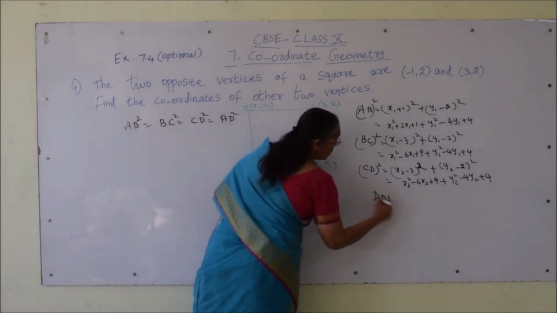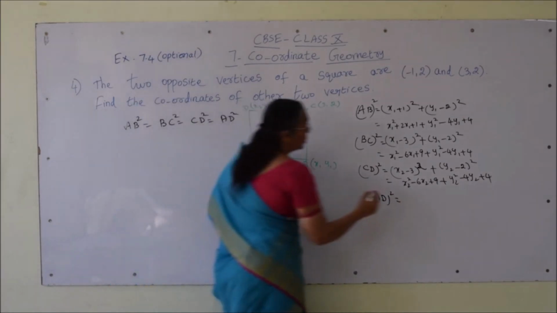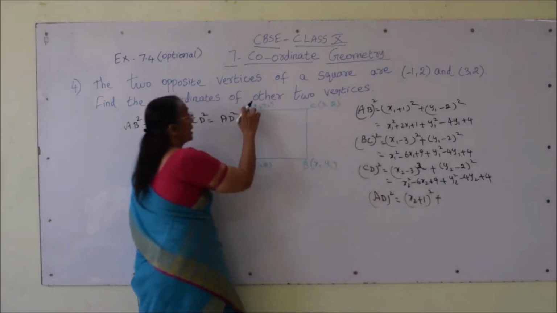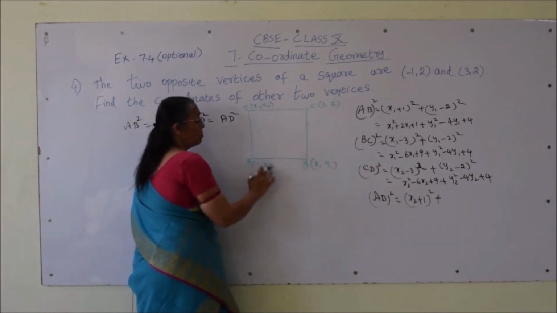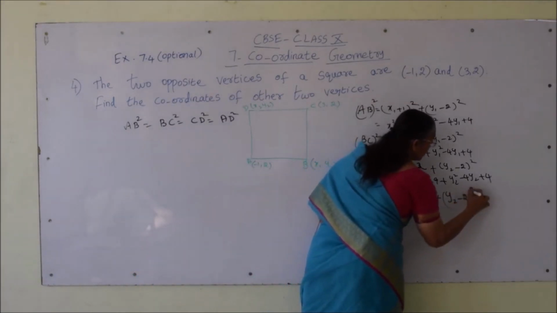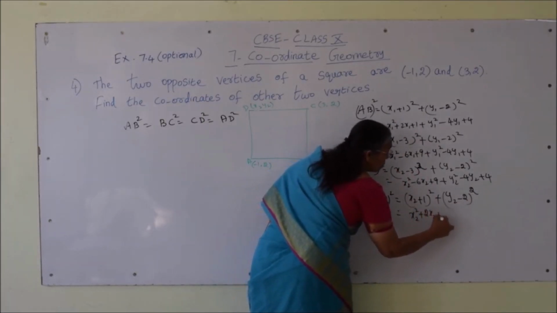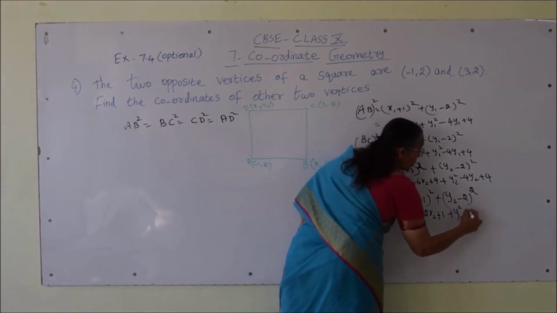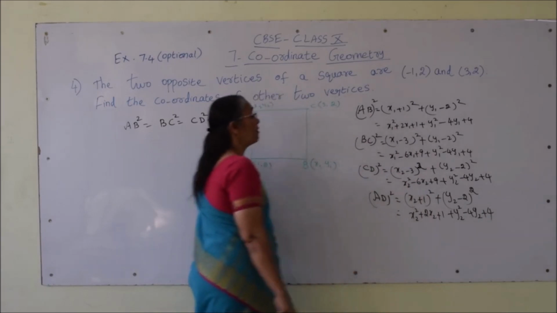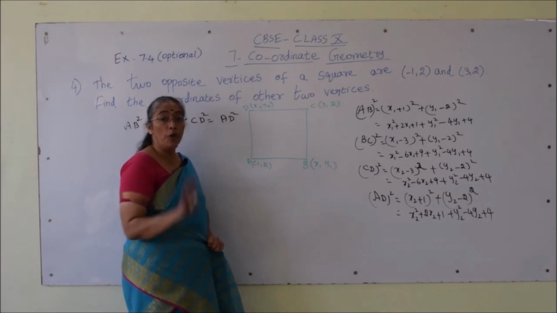AD square equals (x2 plus 1) whole square plus (y2 minus 2) whole square. So, we will get x2 square plus 2x2 plus 1 plus y2 square minus 4y2 plus 4. We are having 4 equations now and 4 unknown quantities.